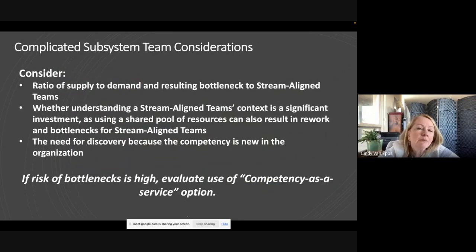So let's think about complicated subsystem teams. We're going to talk about supply and demand, and that's kind of an economic view, but what's the cost of the bottleneck, right? And then we already kind of hit on this idea of, do we have to understand the stream-aligned team's context? What's the investment there?